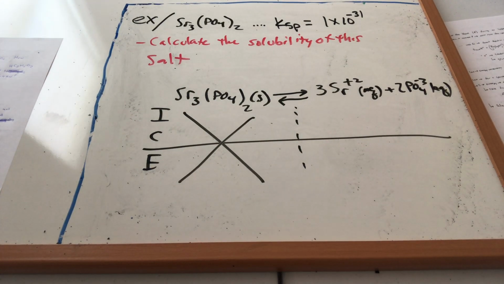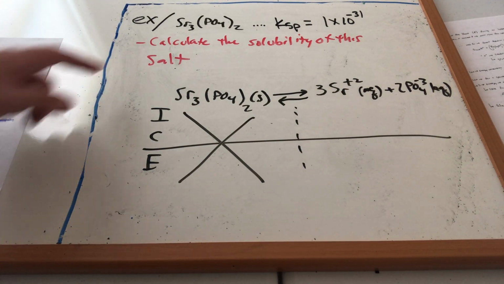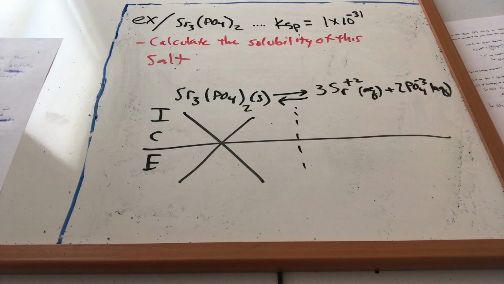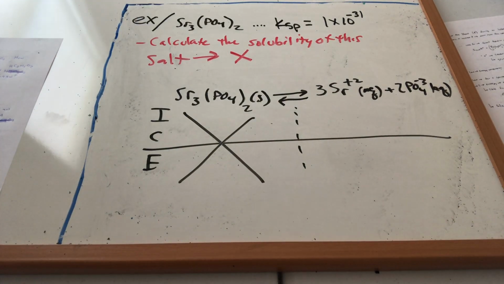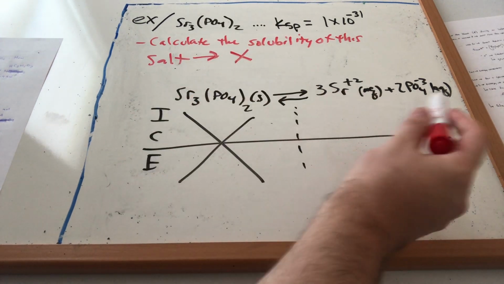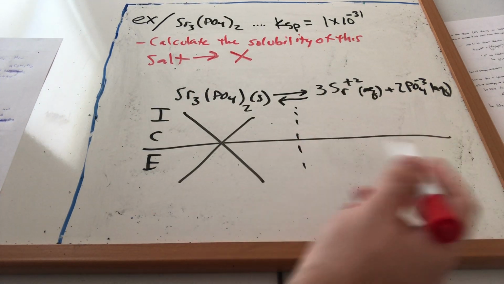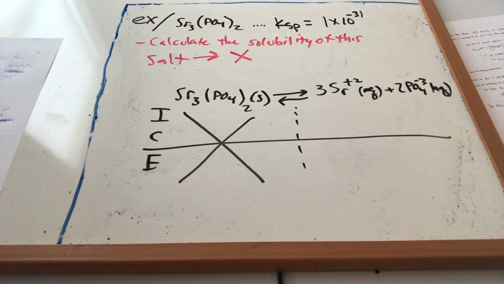Whenever you're told to calculate the solubility of a salt, all that you have to calculate is an X. The way all this nomenclature is set up, KSP is the equilibrium constant, and whenever you calculate an X, the X is the solubility.